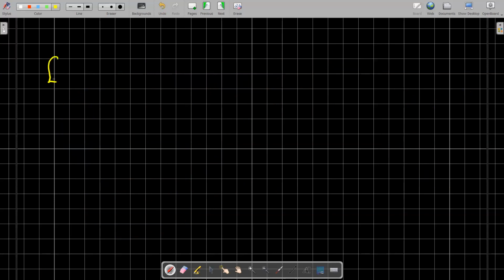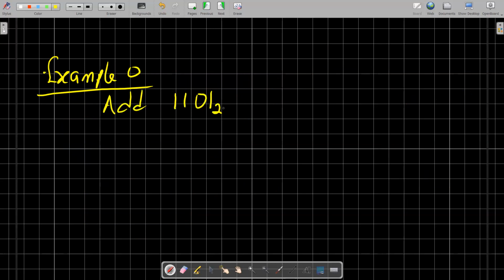Let's say, for example, example 0. Add 1101 base 2 to 101 base 2. Let me show you how to go about this. You write 1101, and then you write 101. 1 plus 1, you will add it normally like you are adding in base 10. 1 plus 1 is 2.